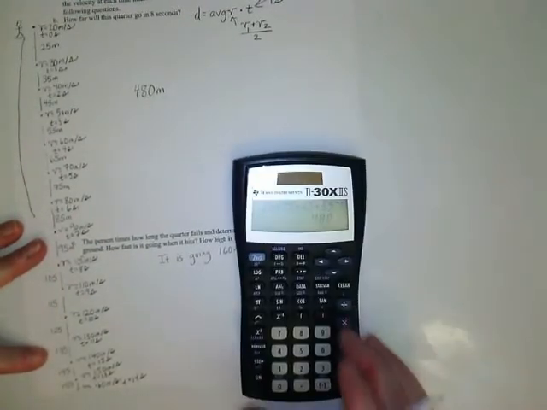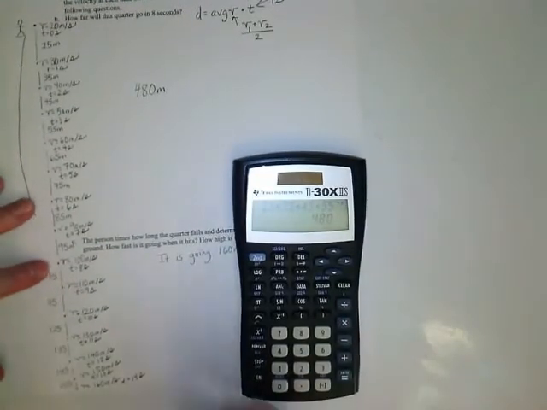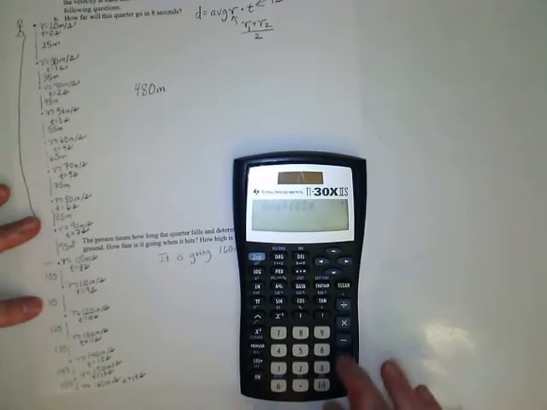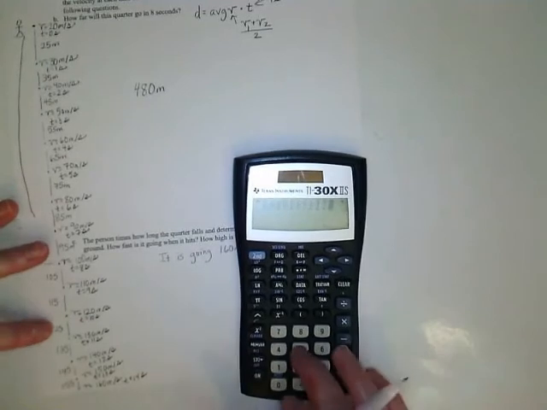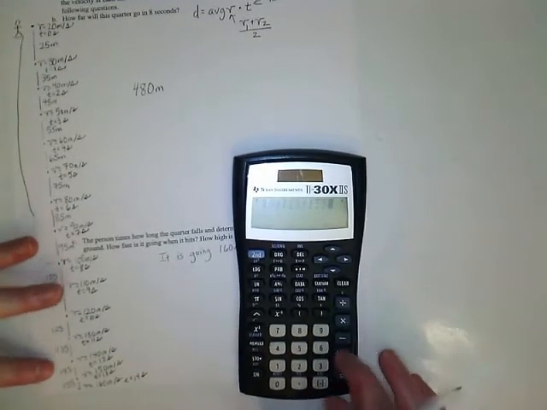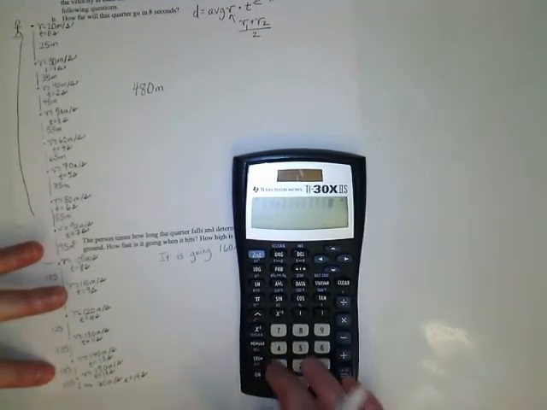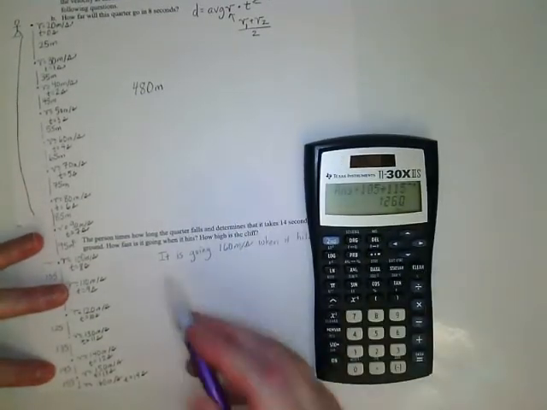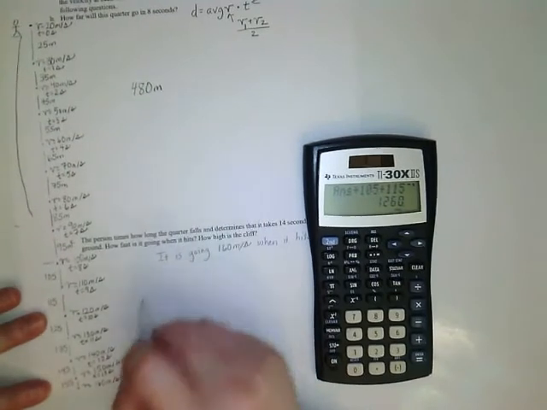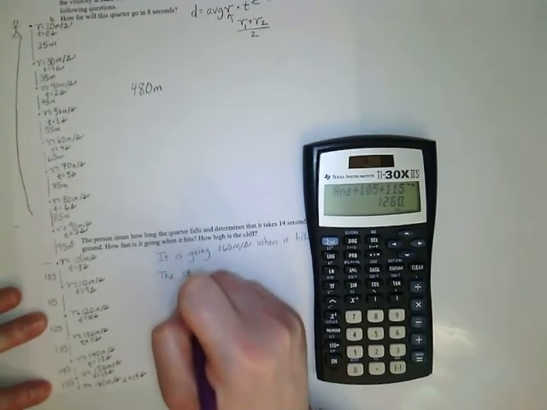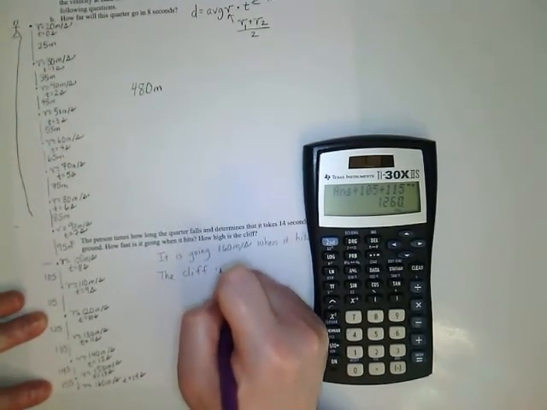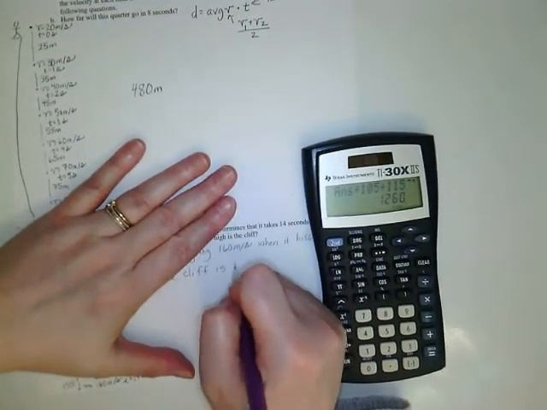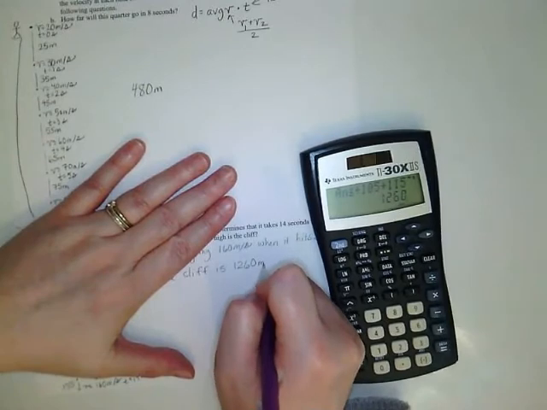So I can take my 480, and that was to here, and I can add 105 plus 115 plus 125 plus 135 plus 145 plus 155. Okay, and it is going to have fallen, the cliff is 1,260 meters high.